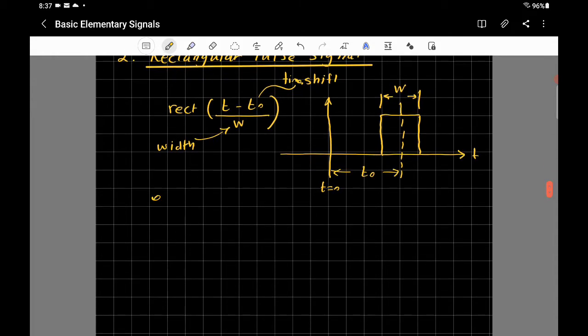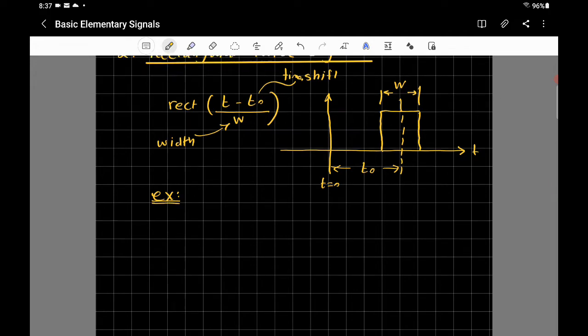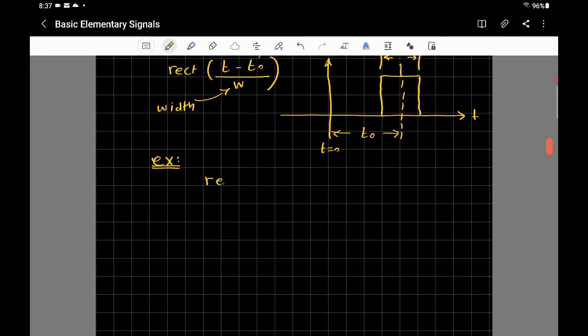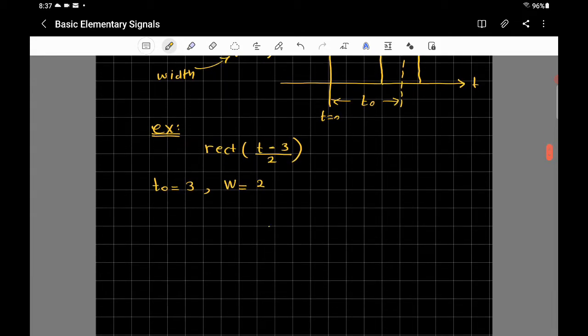Example: plot the rectangular function of (t minus 3) over 2. So we know that the shift t naught is equal to 3, and the width of the pulse is equal to 2. That's the time, and that's the vertical axis at t equals 0.